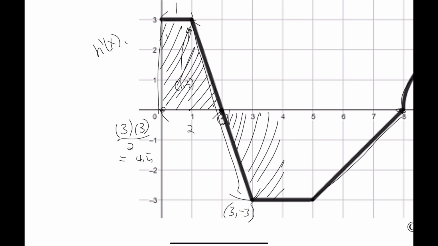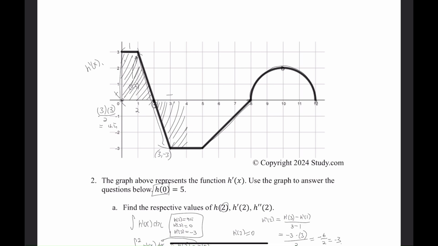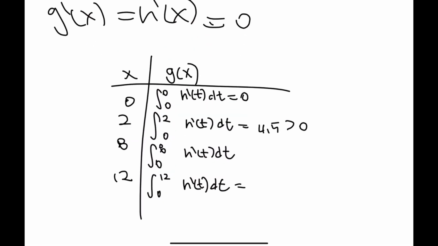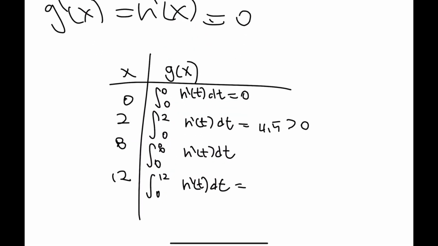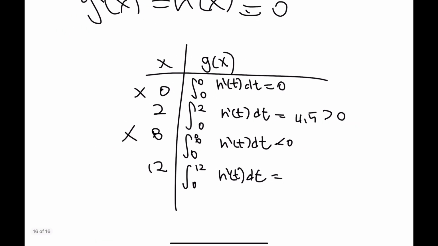So it cancels out because one is positive, one is negative, right? And then we have negative area. So that means 0 to 8 is going to be negative, which is already less than x equals 2. So this is not our best shot, and this one's probably not our best shot as well, since we already have a 4.5.